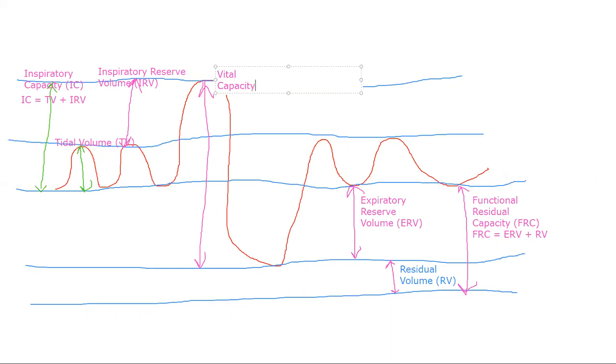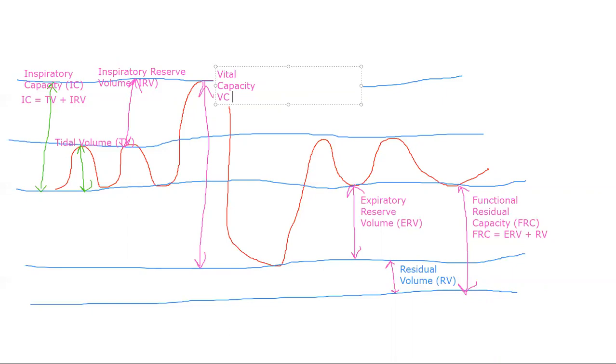Vital capacity is the maximum amount of air you can move through your lungs in one breath. So if you take a maximal inhale and a maximal exhale, that's the maximum amount of air you can move in one breath, vital capacity. So we can write an equation for this.